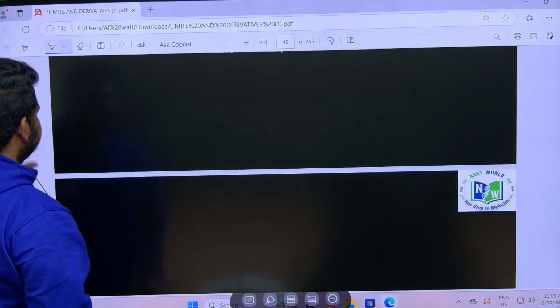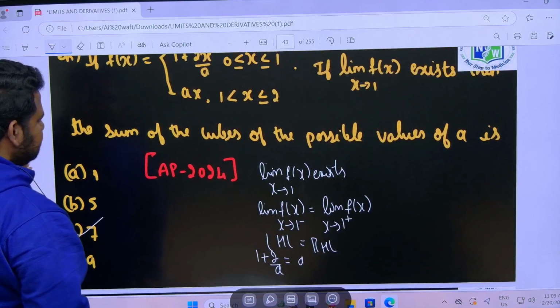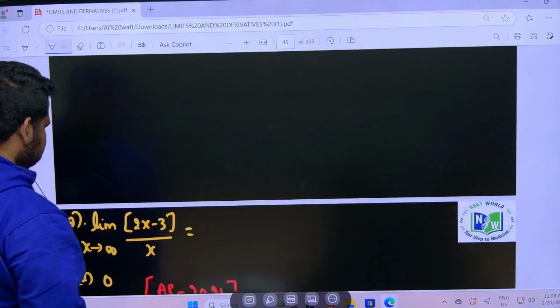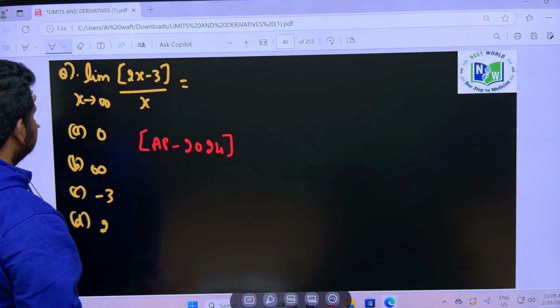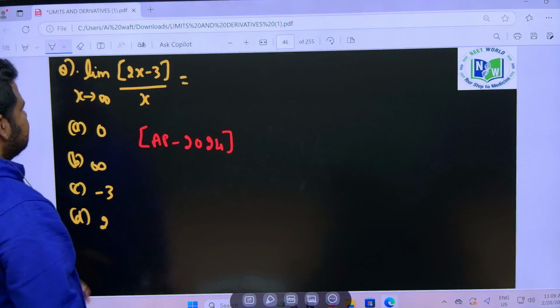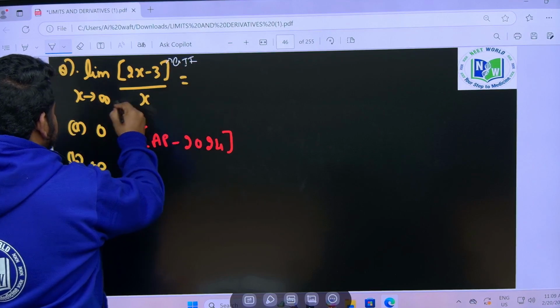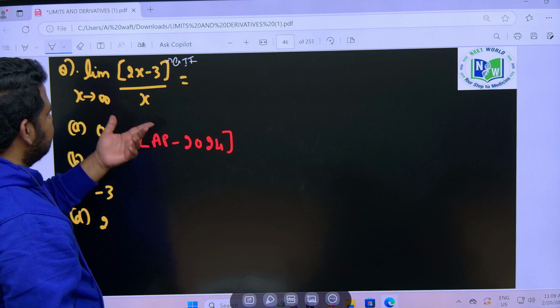This is asked in AP 2024, that is a recent exam last year. Look at this. The limit of 2x minus 3, greatest integer function, divided by x, as x tends to infinity is equal to what?